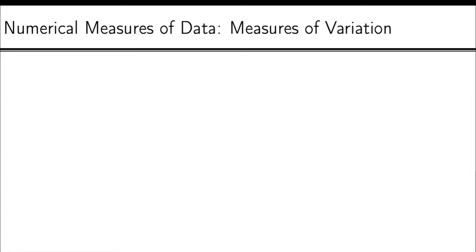The next type of thing that we're going to measure is variation. When we've got numerical data, quantitative data, we'd like to know how spread out it is. For example, some things are really spread out and others are not. If I look at a classroom full of students, the heights of those students is probably not super spread out.